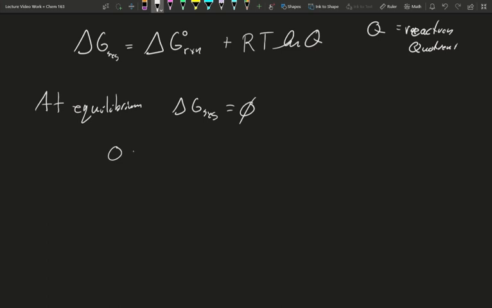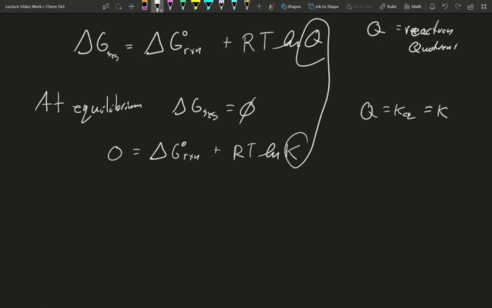So zero must equal the free energy for the reaction if it could go to completion plus RT ln Q, and at equilibrium, Q equals K, which is often just shortened as K in these free energy equations. So there's some mix. It's the mix that we will have at equilibrium. We can rearrange this a little.